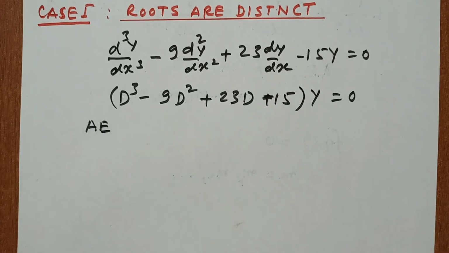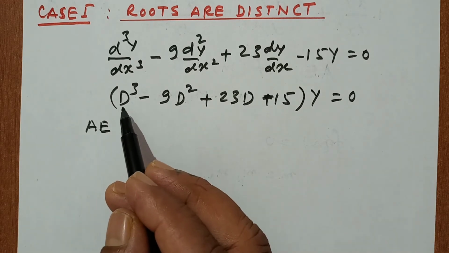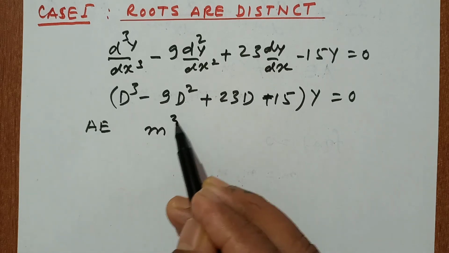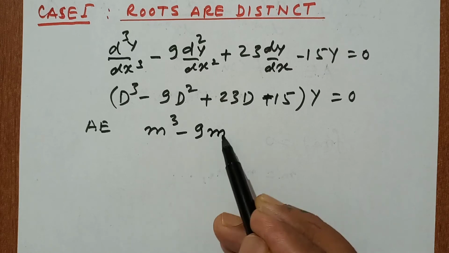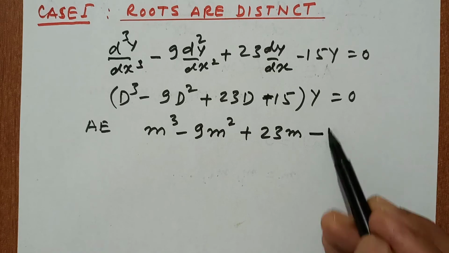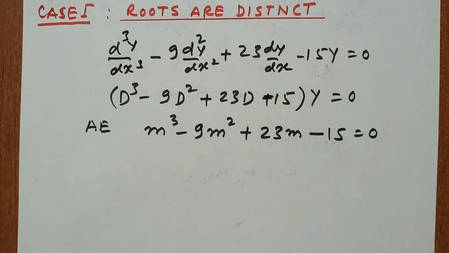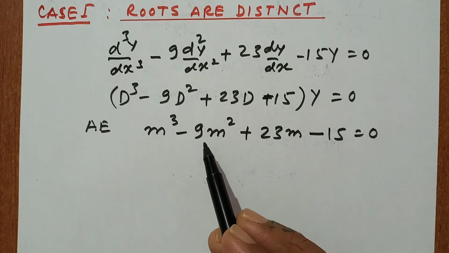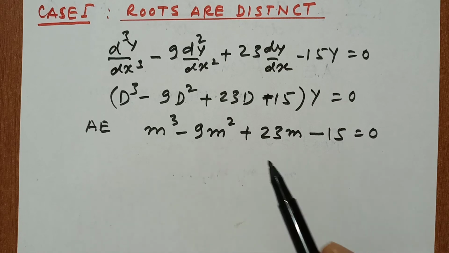First we calculate the auxiliary equation. What is the auxiliary equation? In place of D we put m. So m cube minus 9m square plus 23m minus 15 equal to 0. Then we calculate the value of m. This equation is of degree 3 in m, so we get three values of m: m1, m2, m3.